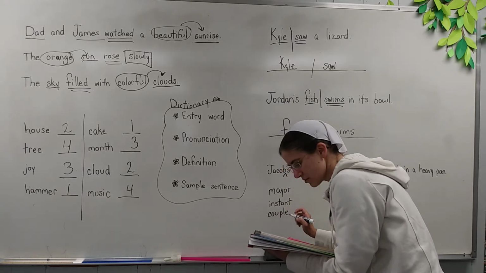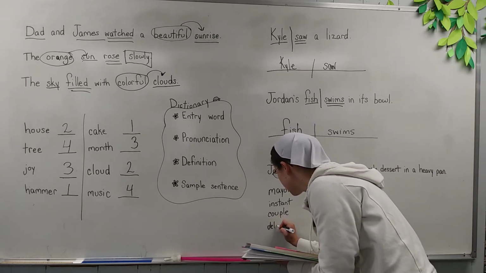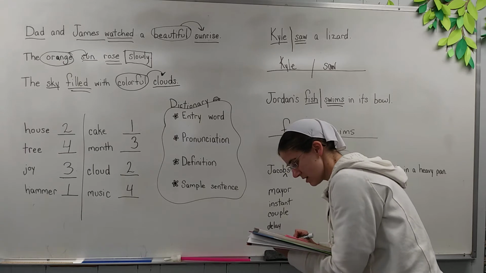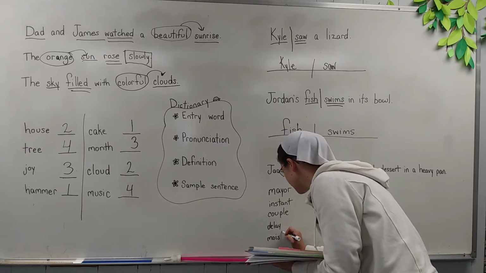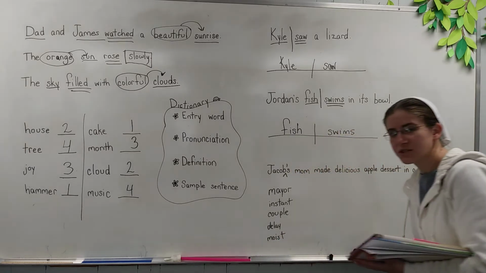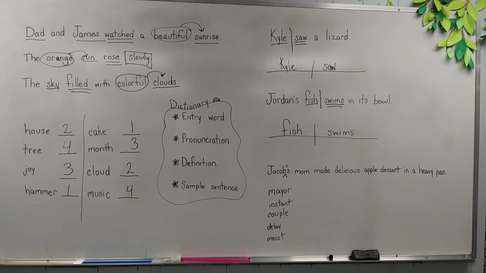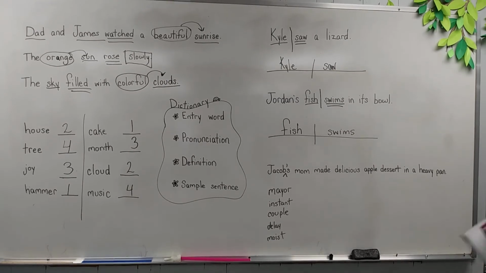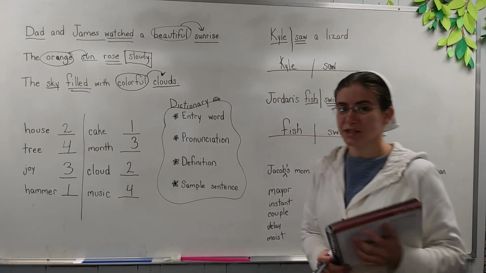I'm only writing the words, the entry words. I'm not writing the definitions. Delay and moist. Okay? Y'all see those? You make sure you can see them. Yes. Okay, so we have mare, instant, couple, delay, and moist.